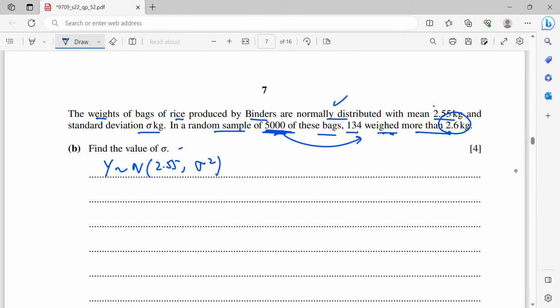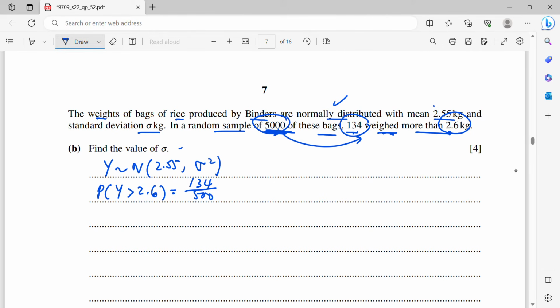Therefore, from 134 and 5,000, I can get the probability, which is 134 over 5,000. So P(Y > 2.6) is 134 over 5,000.